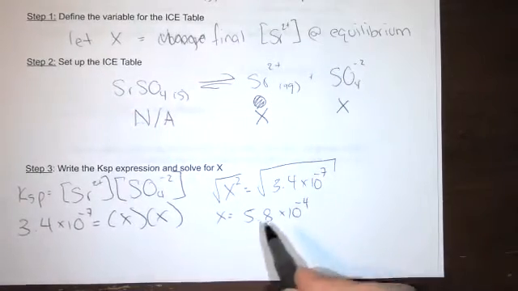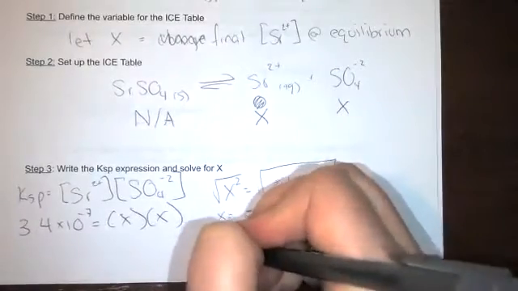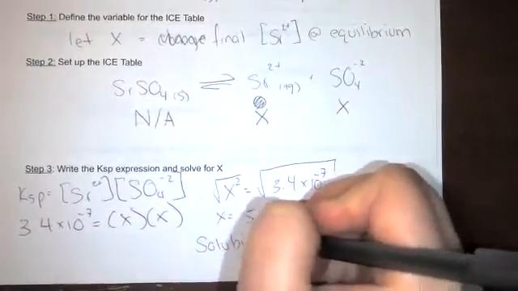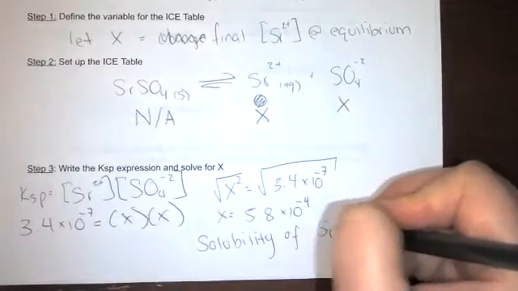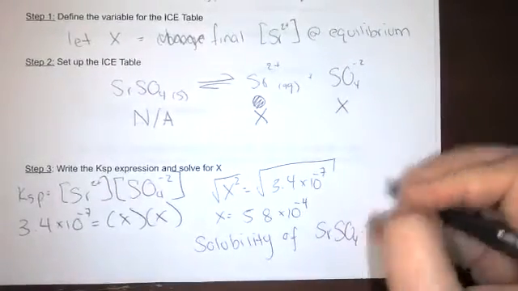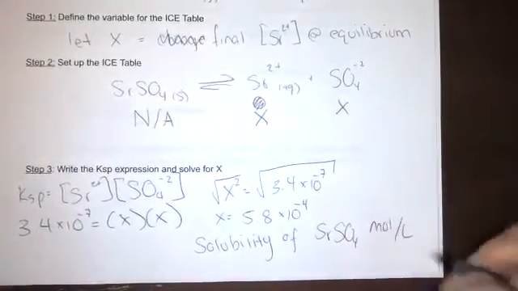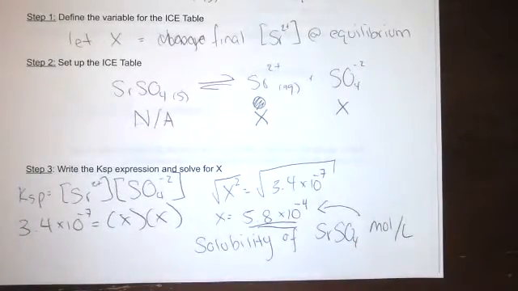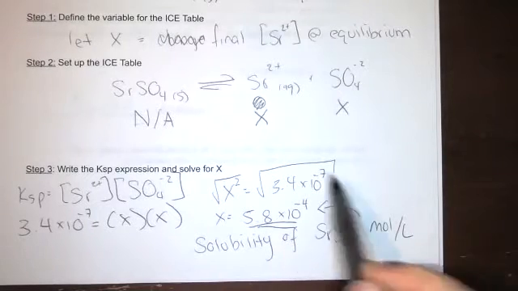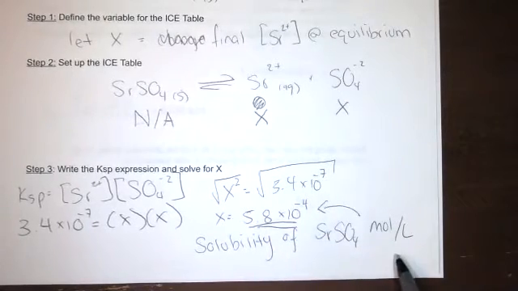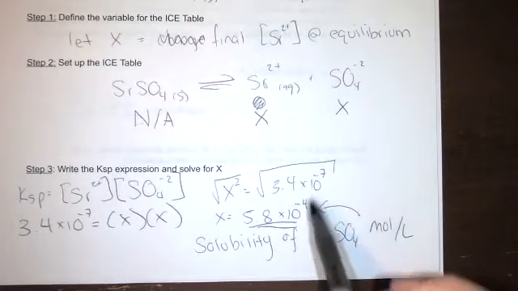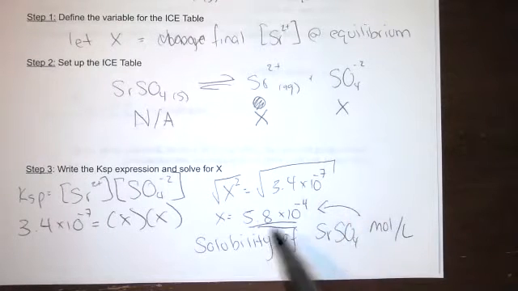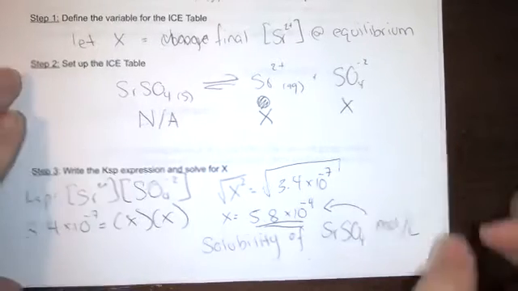So this actually ends up being my solubility of strontium sulfate in, we'll say, moles per liter. So this is my solubility, how much in a specific volume of strontium sulfate can be dissociated in pure water. So let's look at how this changes in our different conditions.